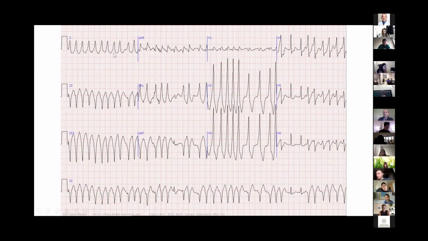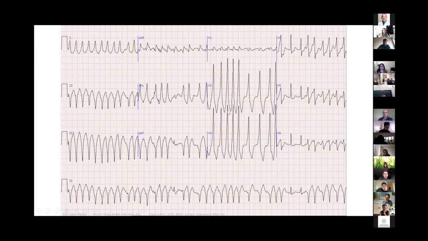And in lead 1, you see this kind of initial slurring. But again, if you have not been exposed to this type of EKG, it will be confusing the first time. So that's absolutely fine. But you should see the delta wave, because you have the antegrade conduction through the accessory pathway.